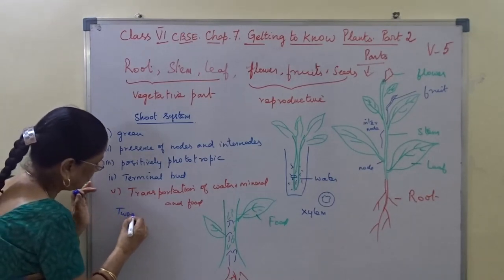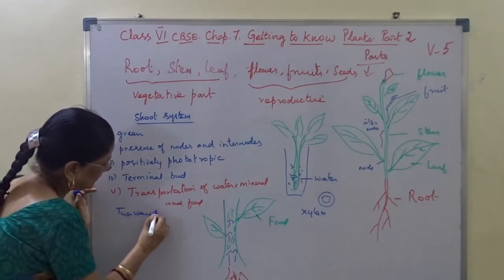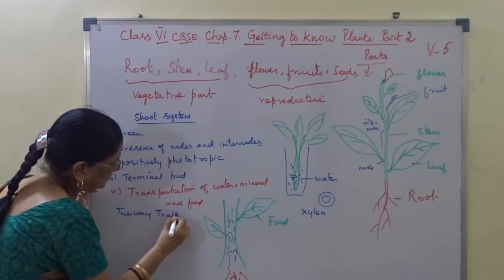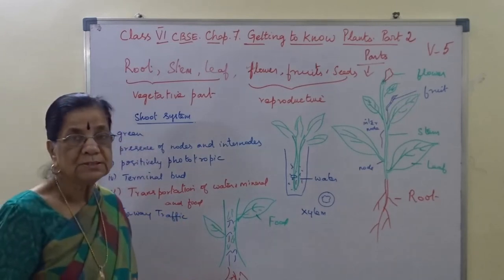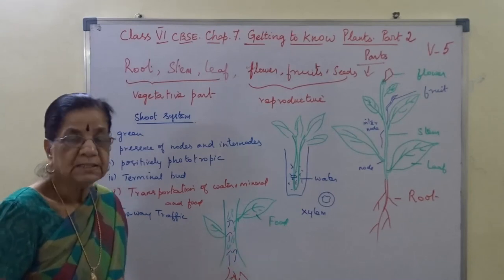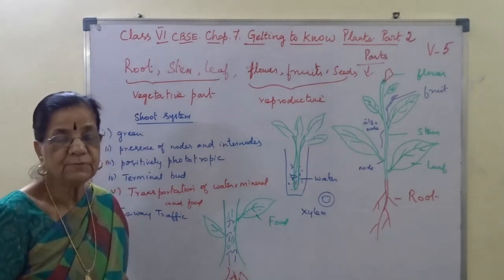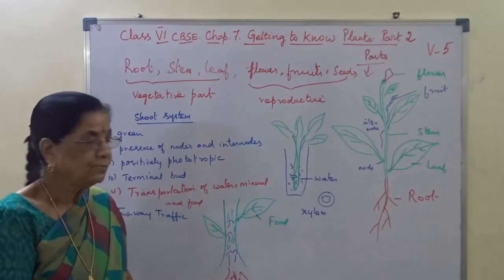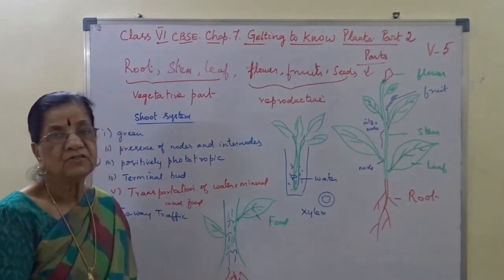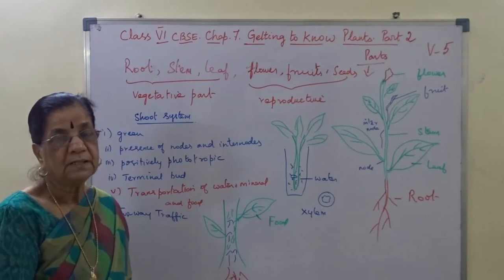Stem shows two-way traffic. Two ways. From the root system, water is sent upwards to the leaf, and from the leaf, food is prepared, and the prepared food is taken to various parts of the plant.